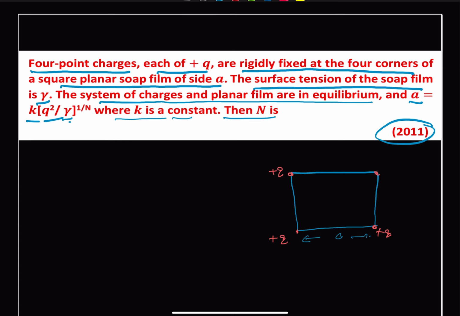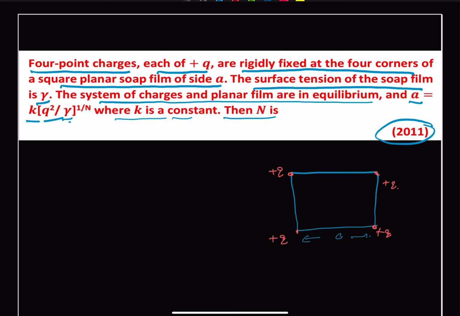And it is also given that this system is in equilibrium. So in this case, there will be surface tension force because of the soap film, and there will be a force of repulsion because of the like charges. And for equilibrium, they should be same.